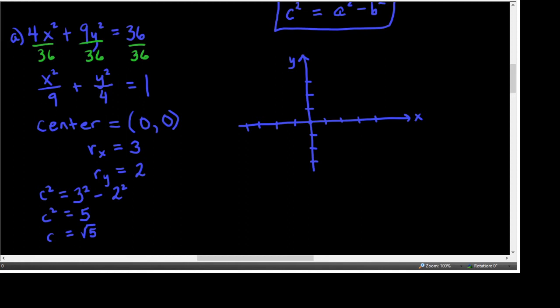All right, so the center is at 0, 0. Then the x radius is 3. So I'm going to move from the center, 0, 0, right 3, and left 3. The y radius is 2, so I'm going to move from the center up 2 and down 2.